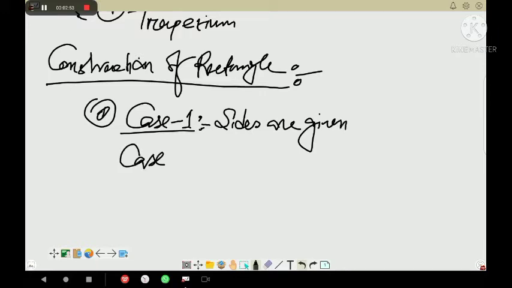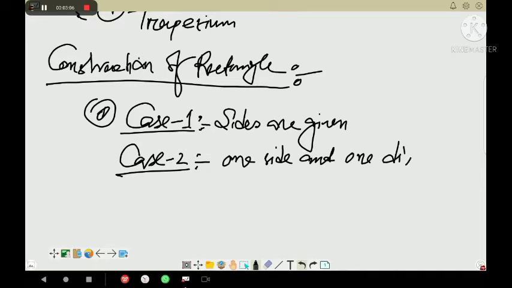Case 2: one side and one diagonal are given. So in construction of rectangle there are two cases. First, case 1, sides are given. Case 2, one side and one diagonal are given.